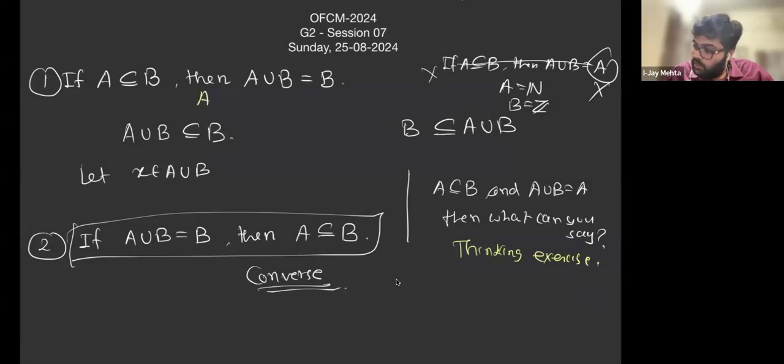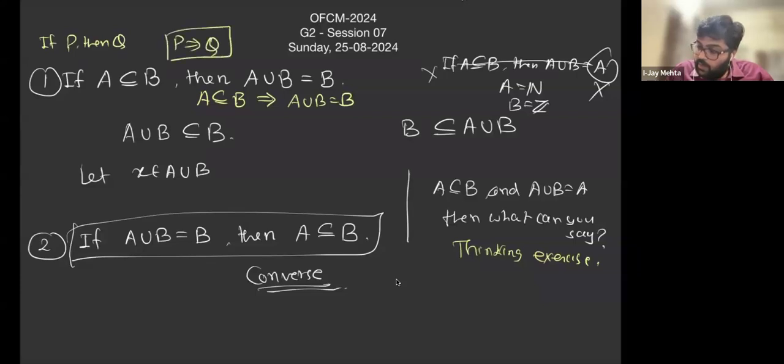A is a subset of B implies A union B equals B. If we have a statement of the form if P then Q, we denote it like P implies Q. Then we can ask, does Q imply P? So this is the converse.